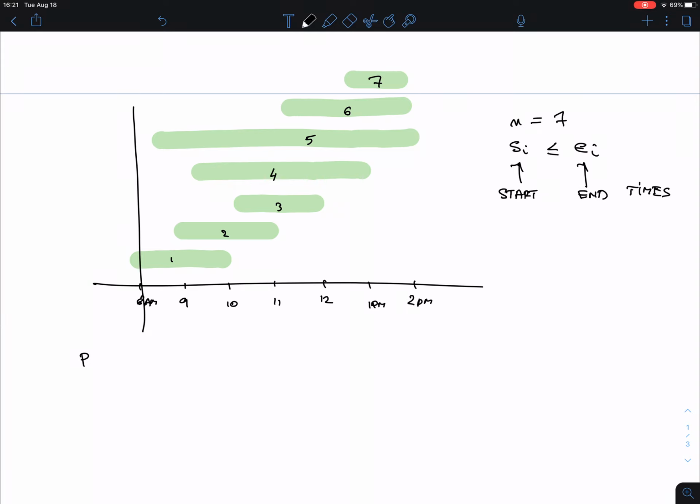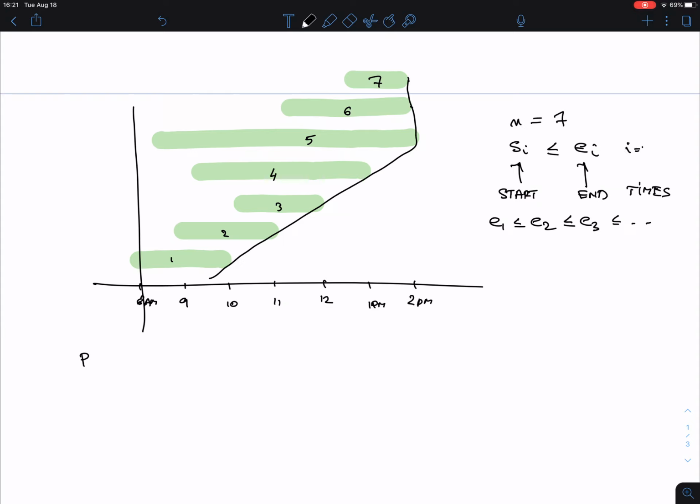Notice that number 1 is the only one that starts at 8 a.m., but number 5 starts at about 8:30. But why is it not the second one? Because we're ordering according to end time. So we have E1 less than E2 is less than E3, etc. These are the end times. It has to look like this. We assume that we have listed everything like that.